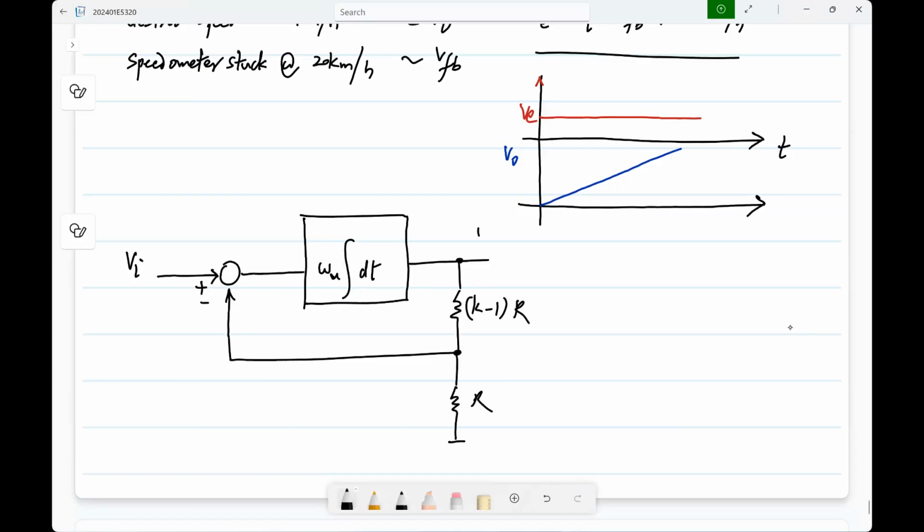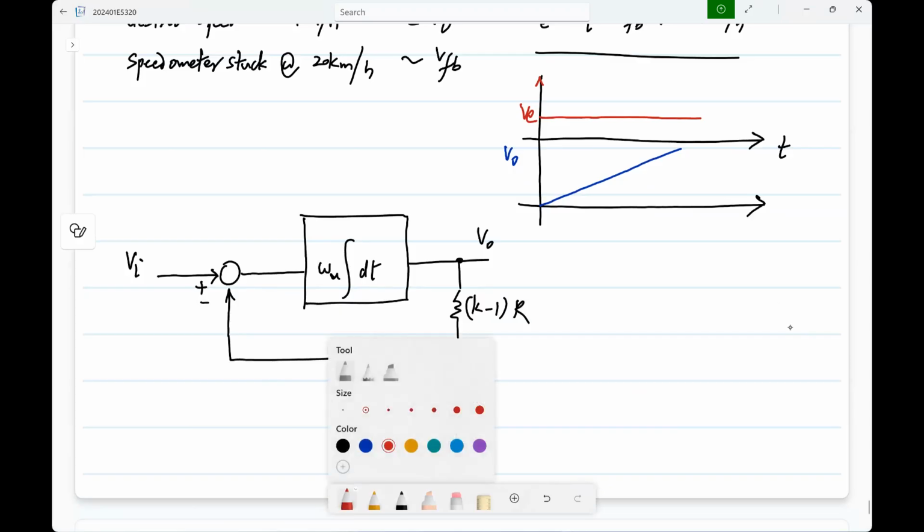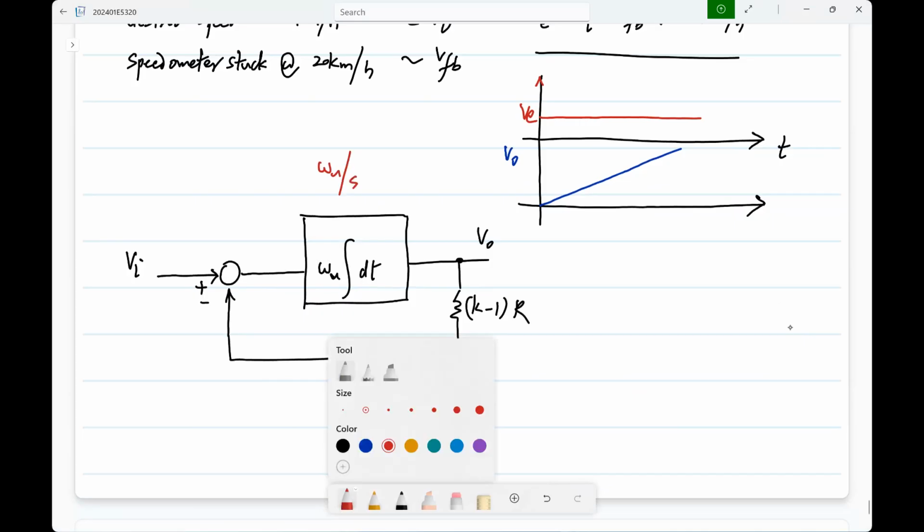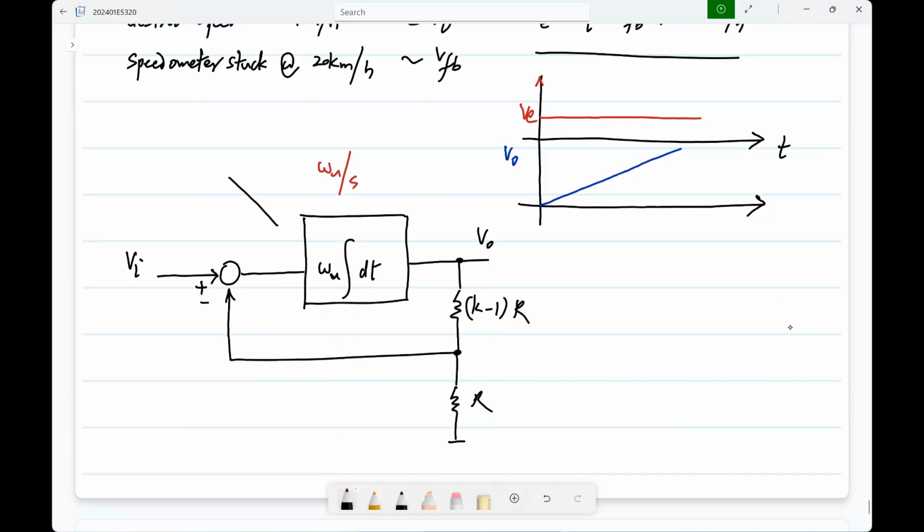Of course, if you represent this in the Laplace domain, it will be omega u by s. So this is the integrator.